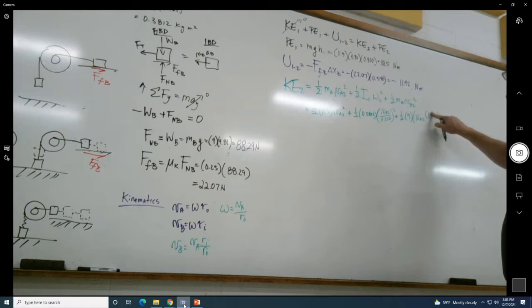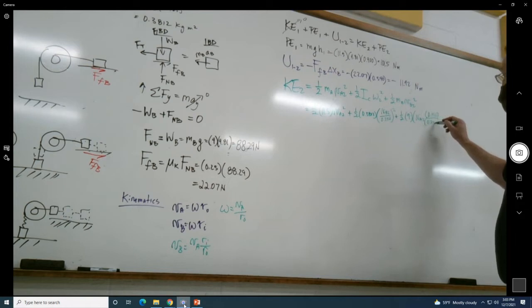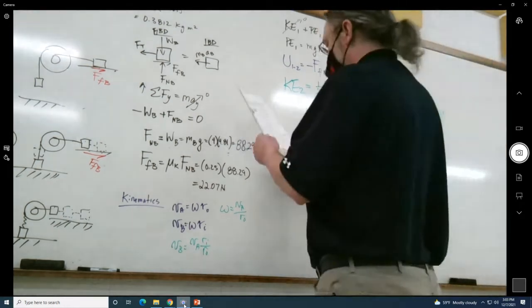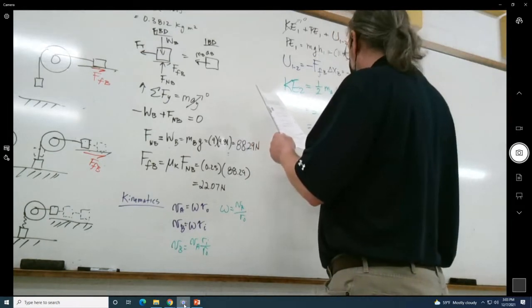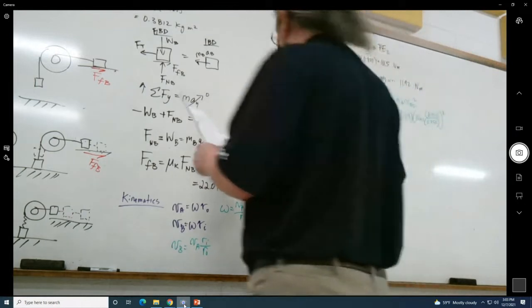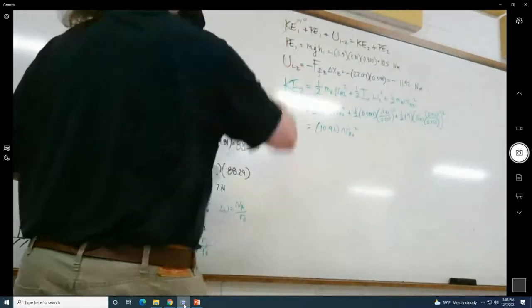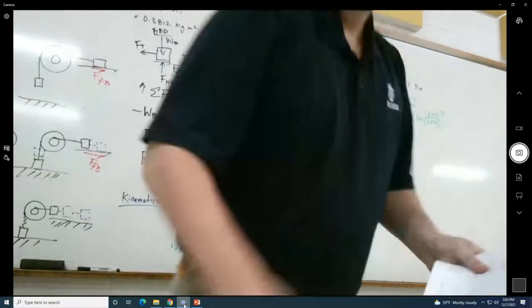No, it's going to be 0.15 and 0.25 squared. And I do have the in-between number here. That's 10.42 VA2 squared. So I can apply all of these together.